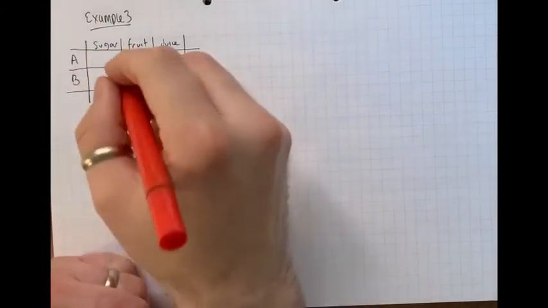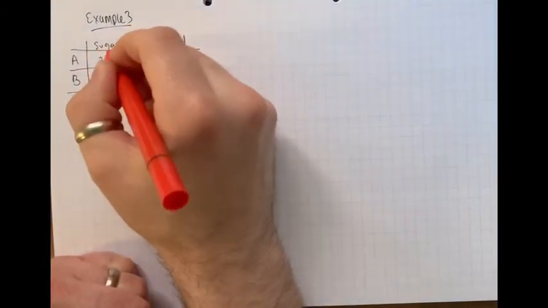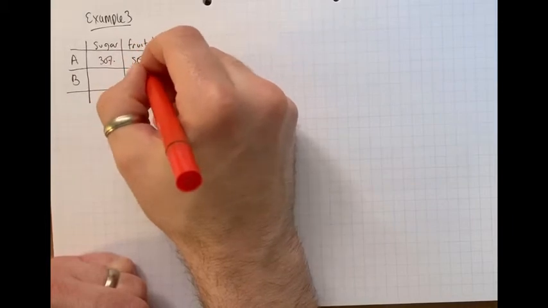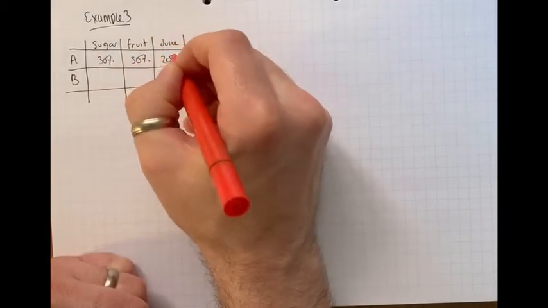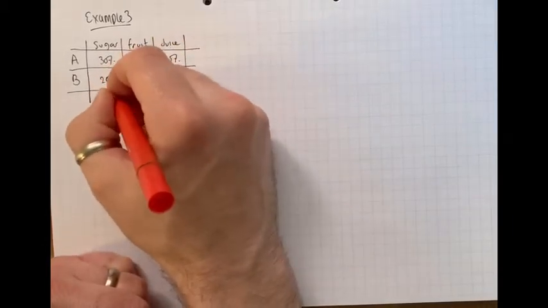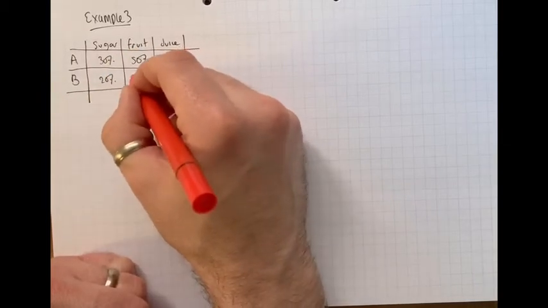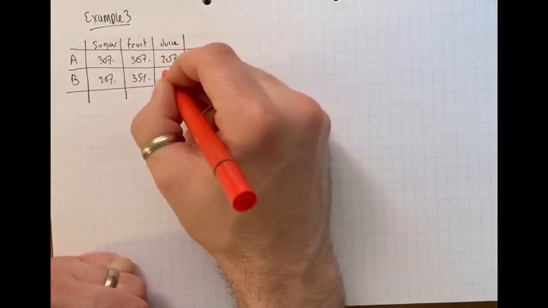Okay, so syrup A contains 30% sugar, 50% fruit, 20% juice. B contains 20% sugar, 35% fruit, 45% juice.